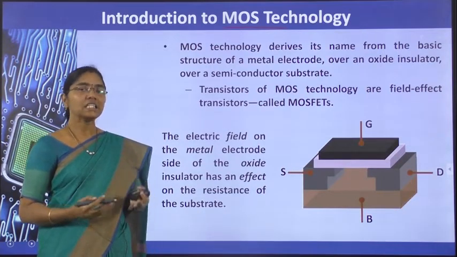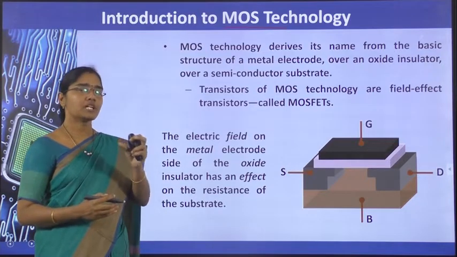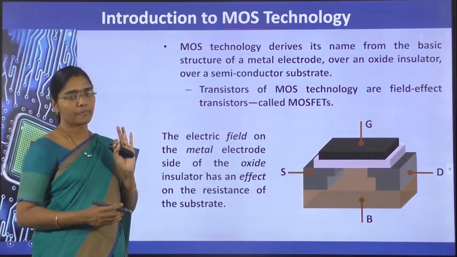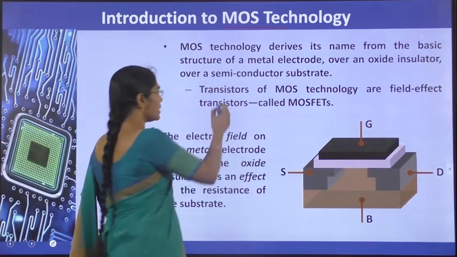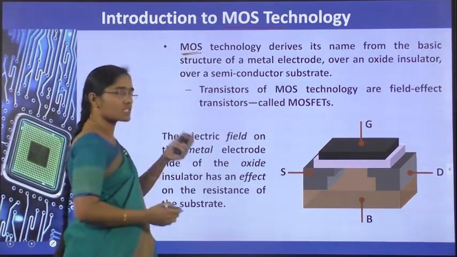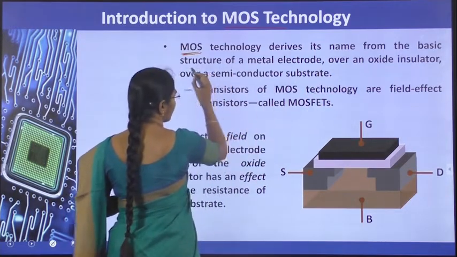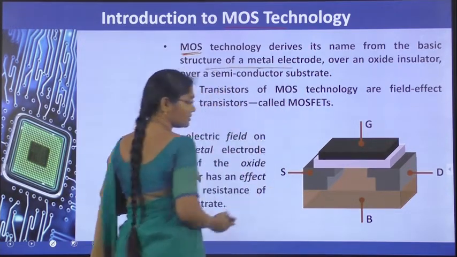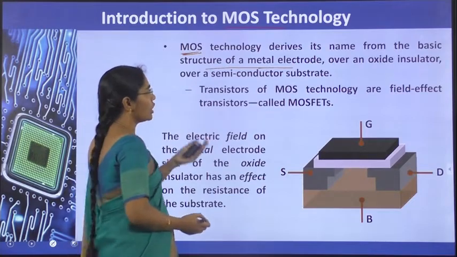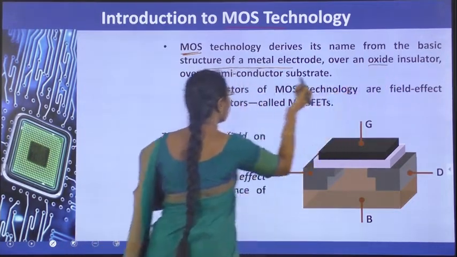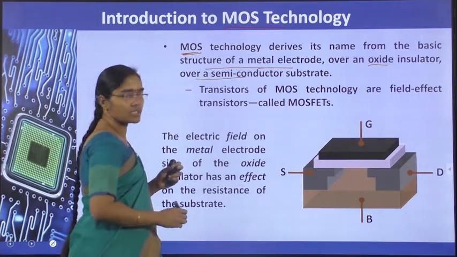In MOS technology, only MOS transistors are used, and MOS is the given name because of its structure, that is metal, oxide and semiconductor. The structure is a metal electrode over an oxide insulator over a semiconductor surface.